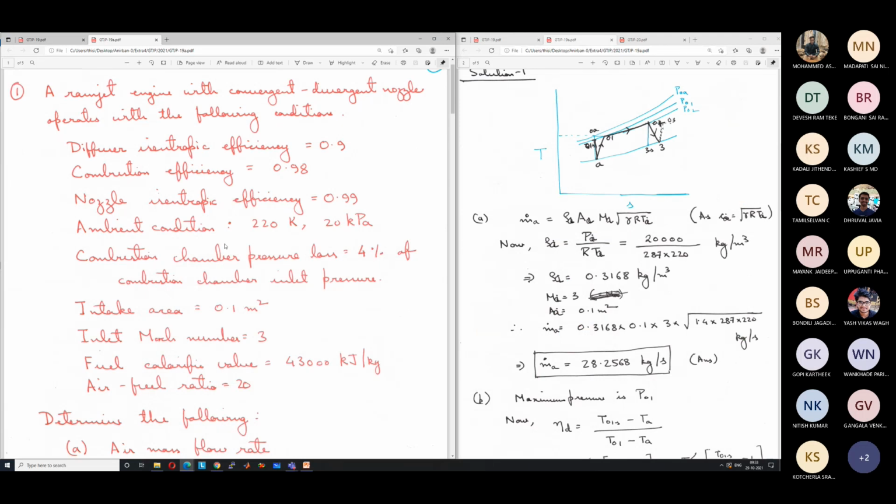So this finishes our study of system level thermodynamics. What we will start next is a brief discussion on the three major components of a gas turbine or a jet engine: the compressor, then the combustion chamber, and at the end of the course, the turbines. These are the parts that are left.